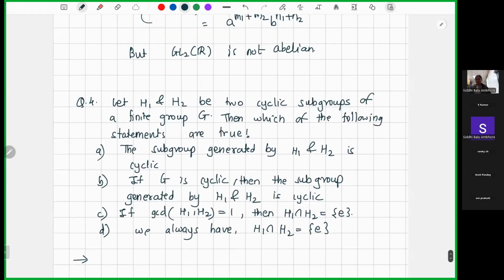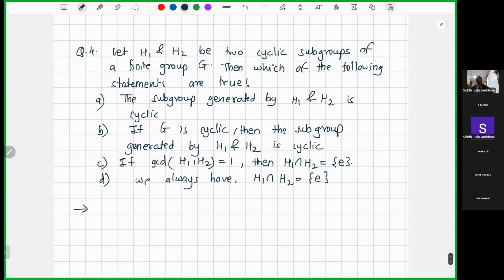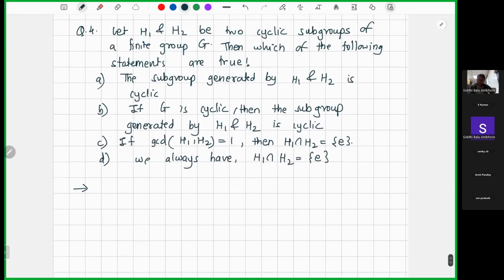So we have to check these statements. First one is the subgroup generated by H1 and H2. When I say subgroup generated by H1 and H2, it means I also consider the products of these elements. So I take the union of these two sets and generate a subgroup from them.